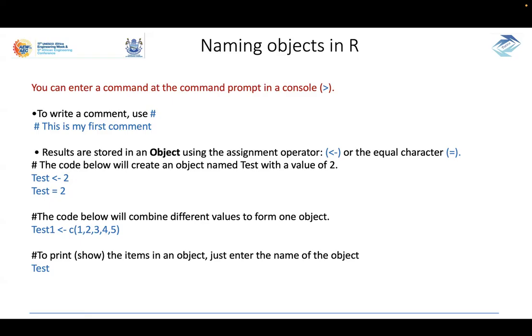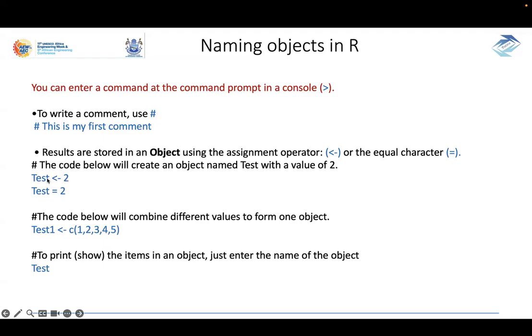So when you're creating your objects, which is basically like a container in R, there are certain rules that you have to follow. If you don't follow them, then it will not work. So for example, I want to put the number 2 and the object is test.